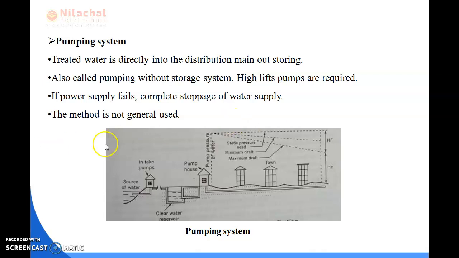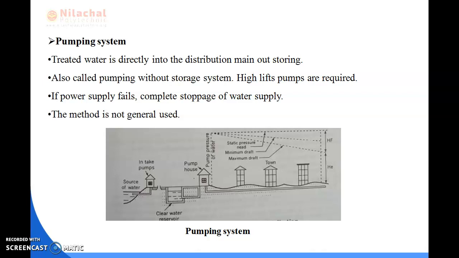You can see this is the pumping system diagram. Here in the pumping system, the water cannot be stored. But in the gravity system, the water can be stored and we can use it in our time. But here in the pumping system, no water can be stored.